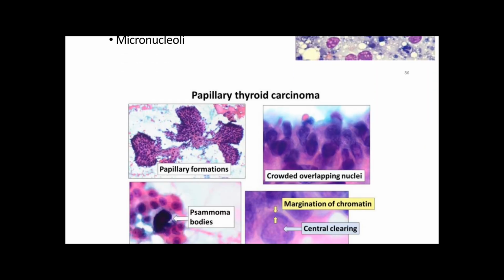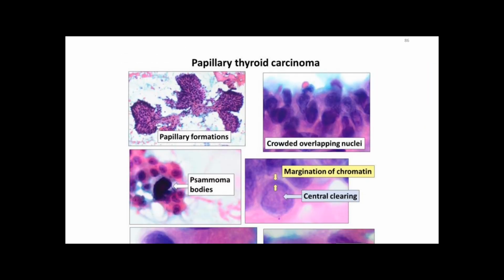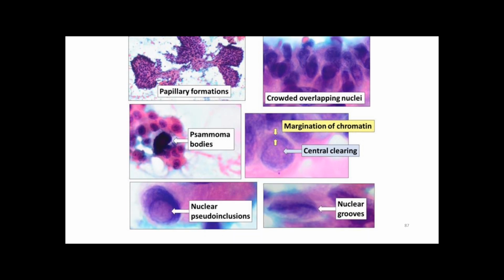This is the papillary thyroid carcinoma. The first picture explains the papillary formation. The second is the crowded overlapping nuclei, here you can see. Then the next picture shows psammoma bodies.